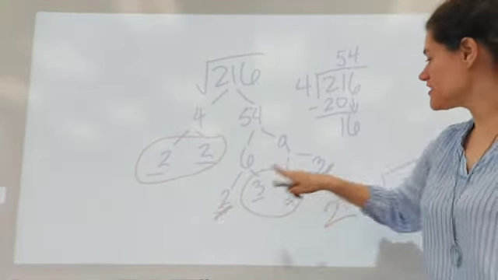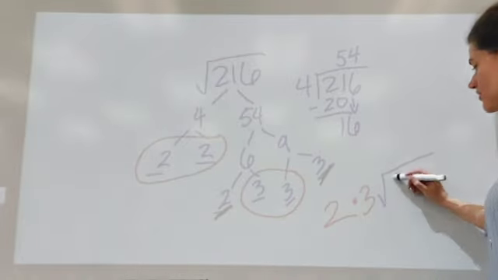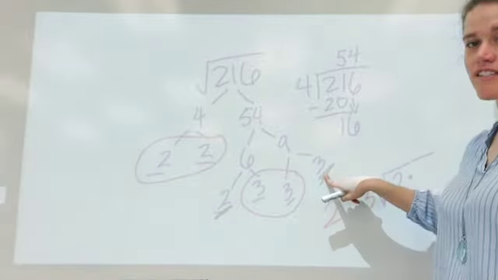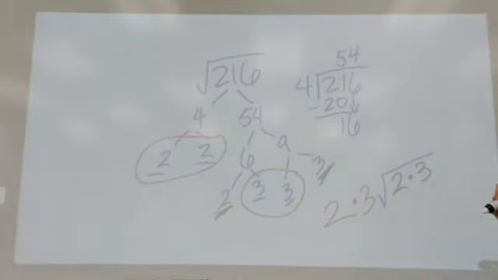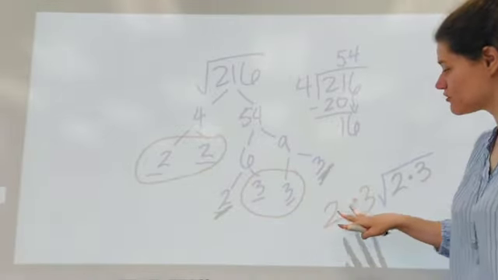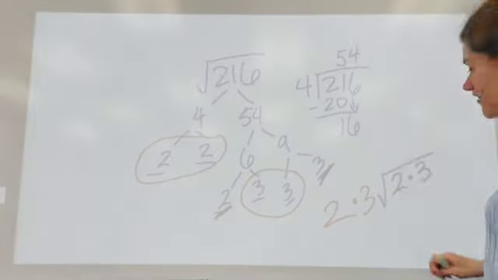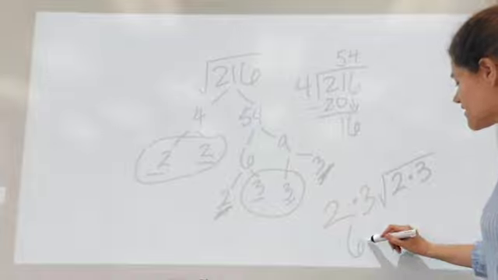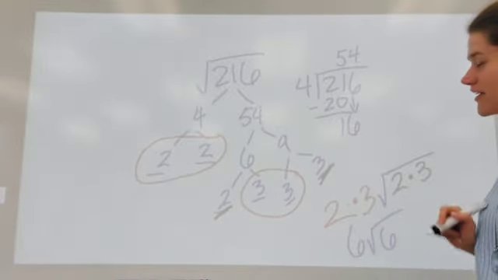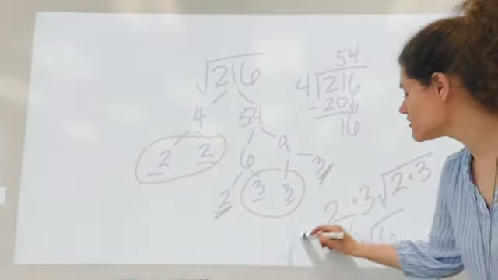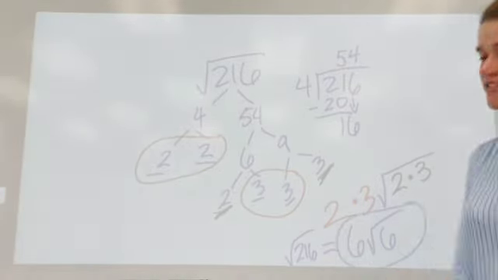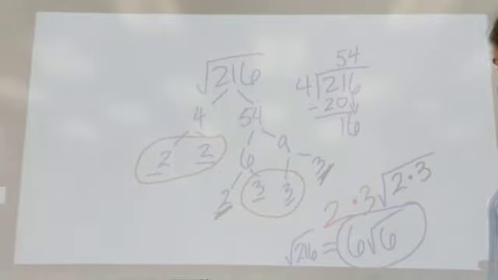And then this 2 doesn't have a match, so it's on the inside. And then this 3 doesn't have a match, so it stays on the inside. From here, I'm just going to multiply the outsides back together and multiply the insides back together. So 2 times 3 gives me 6, and 2 times 3 gives me 6. So the square root of 216 can simplify to 6 square root of 6.